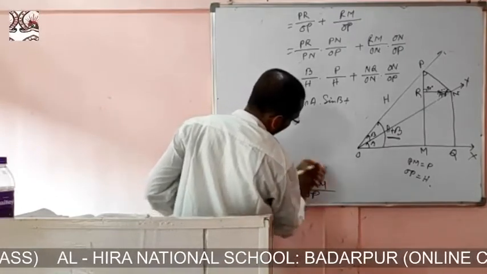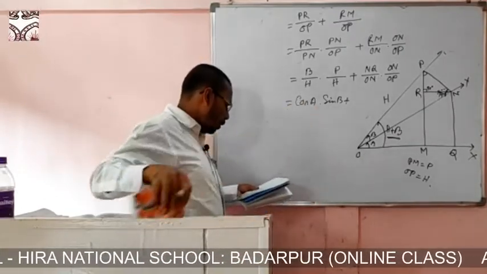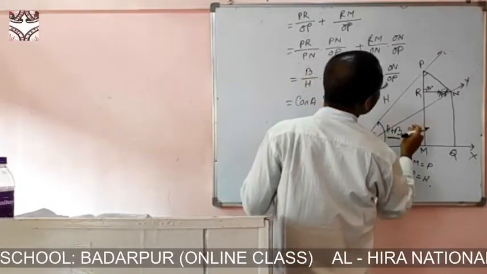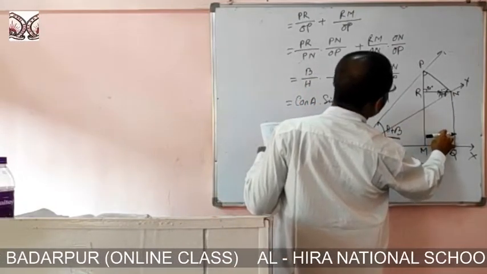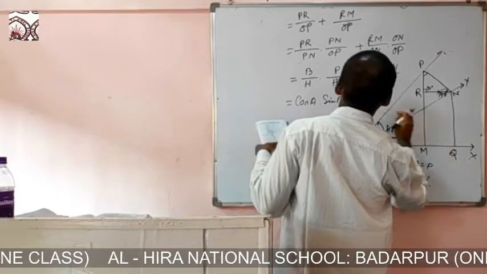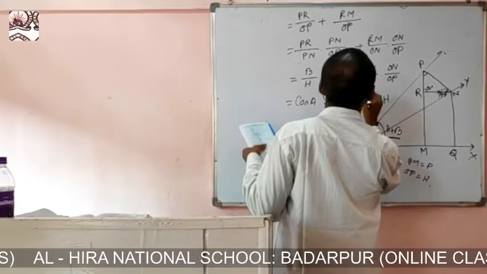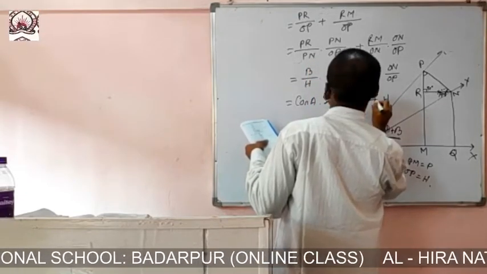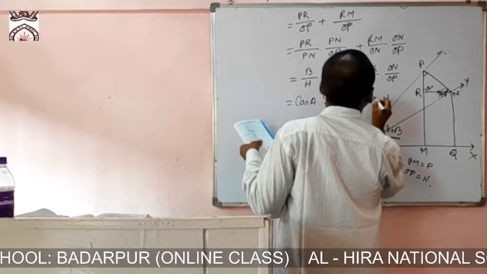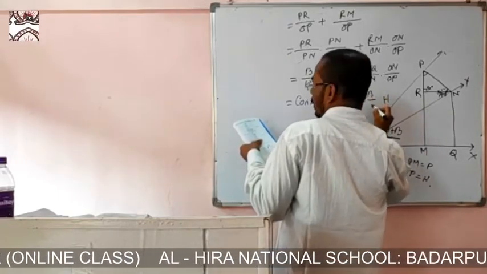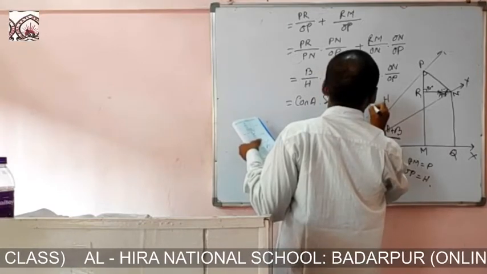NQ is perpendicular, and ON is hypotenuse, so it is P by H, and ON by OP is base by hypotenuse.